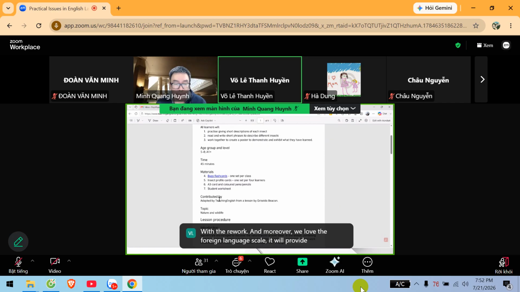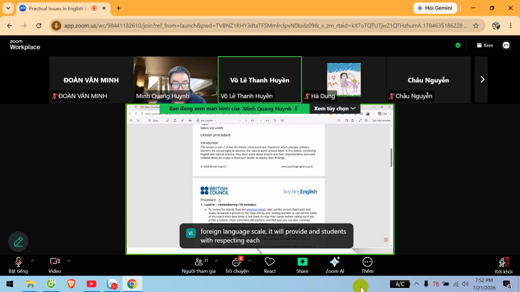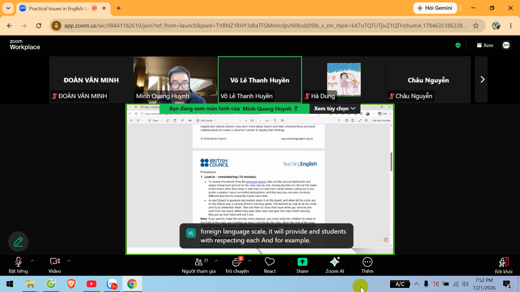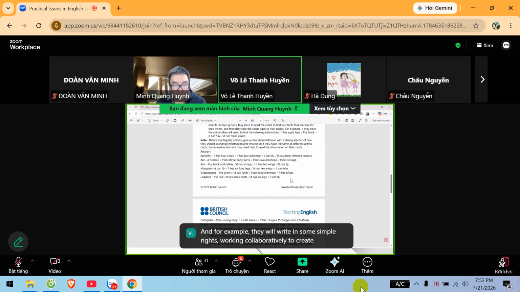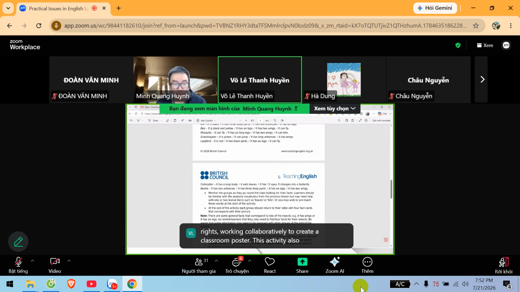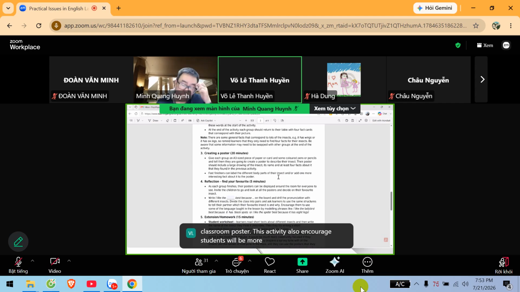Students will practice speaking by displaying essays. For example, they will write some simple phrases, working collaboratively to create a classroom poster. This activity also encourages communication, creativity, critical thinking, and teamwork.